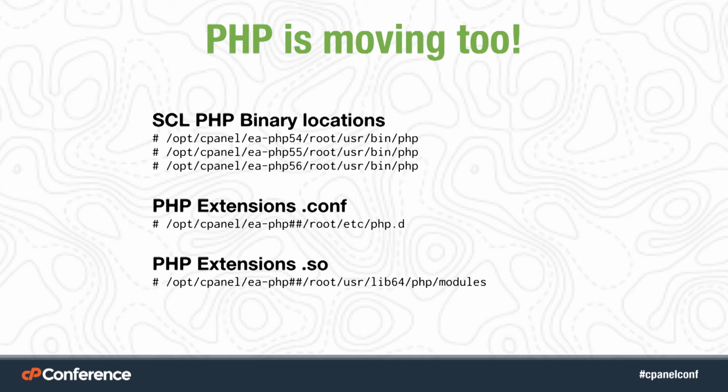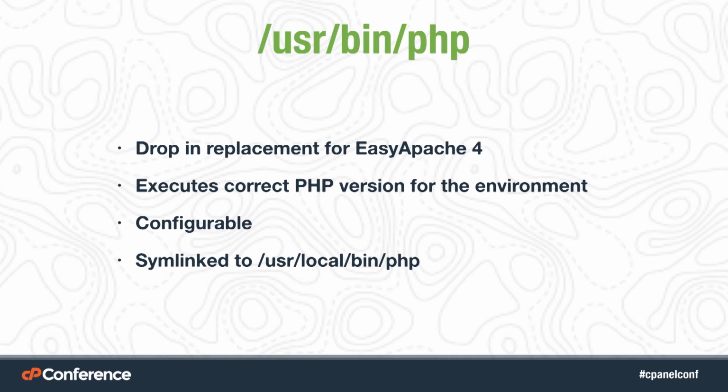As I mentioned a few minutes ago, PHP configurations are changing as well. Every PHP RPM that is installed controls its own PHP configuration. This PHP configuration is located inside our SCL locations in /opt/cpanel, and you'll find it in /etc/php.ini. One note about these PHP configurations: if you adjust them in any way, anytime the RPM is changed, upgraded, or installed, those changes are going to be blown away.